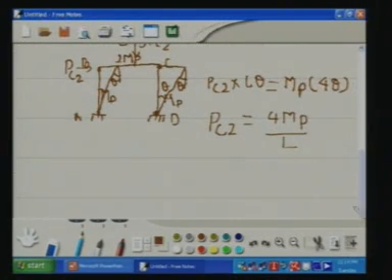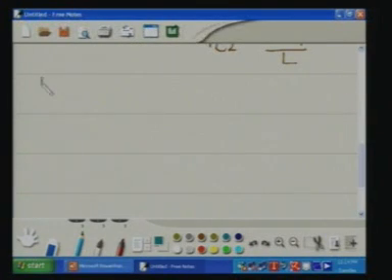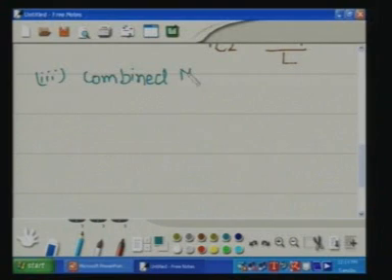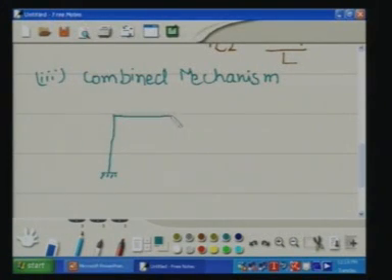Now, let us take mechanism 3. So, for the third mechanism, this is a combined mechanism, a combination of the first two, that is beam mechanism and sway mechanism. So, in this case the plastic hinges are formed so that partly the structure undergoes sway and partly the beam failure occurs.